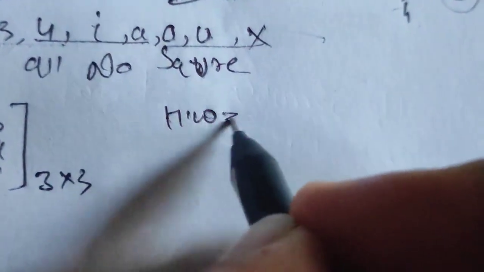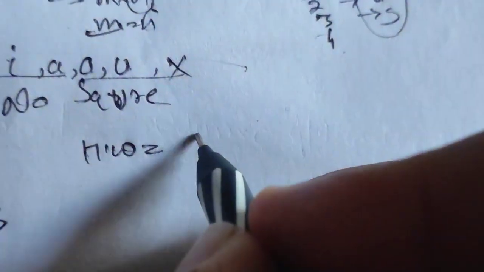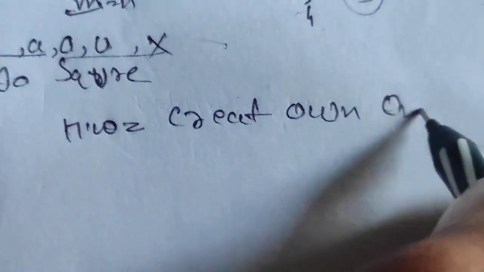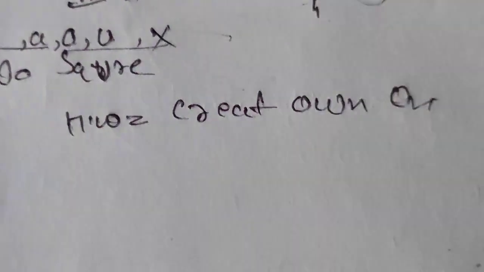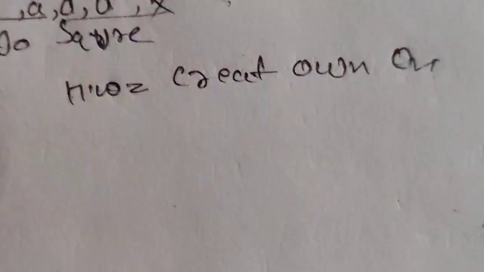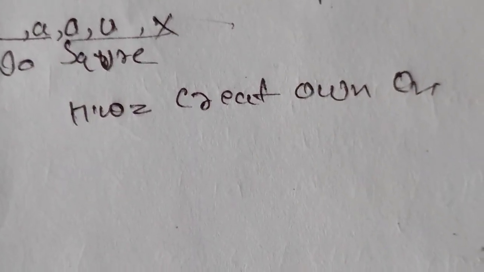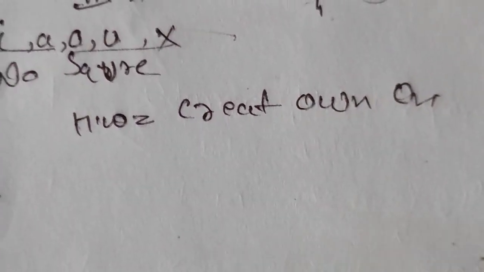I give you some homework. So this is the homework: create your own question. Whatever the level of question, I am not asking you for a particular level; make your own question, think on your own. Make your own question and answer it.